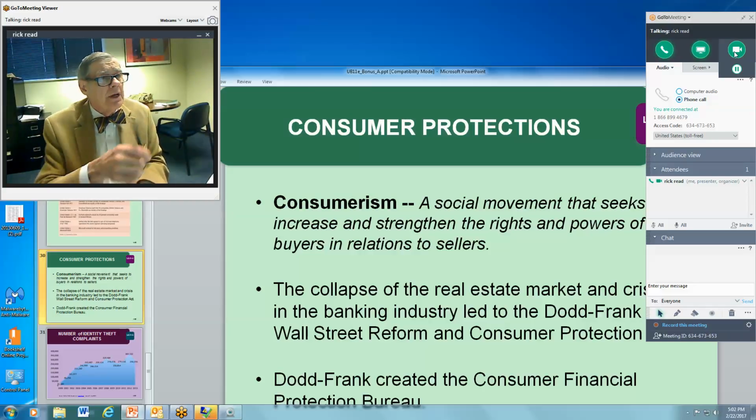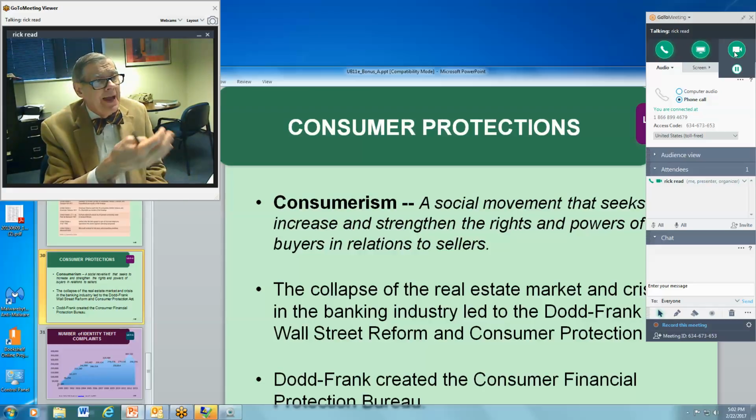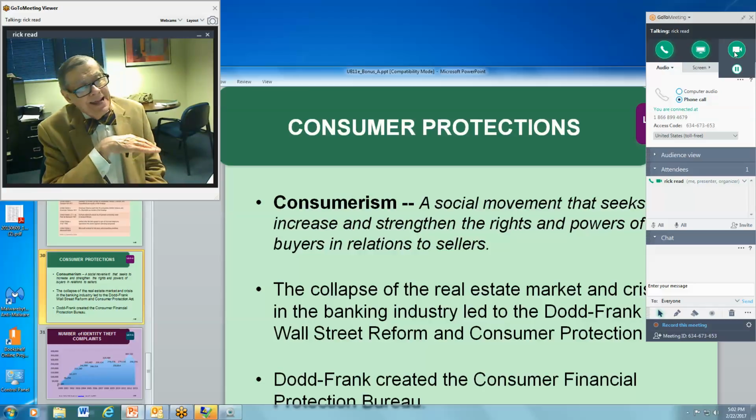Notice here, consumerism is a social movement that actually is on the side of the consumer to strengthen the ability of the buyer in relation to the seller, give him or her an equal footing, if you will.